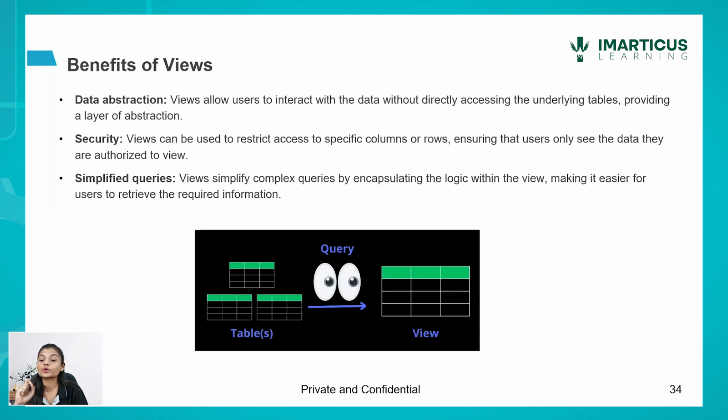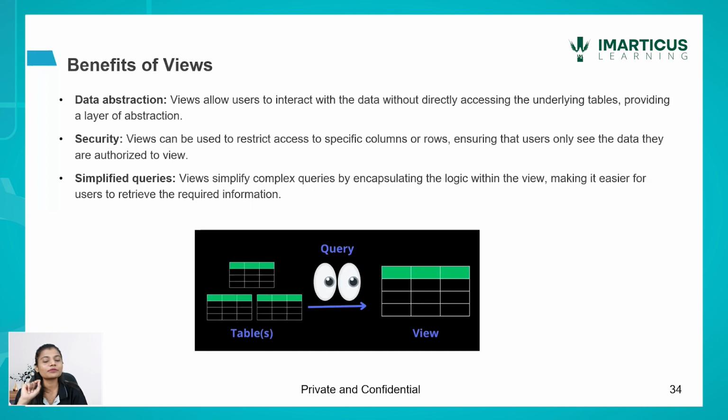So views allow you to interact with the data without directly accessing the underlying tables. It will not take the base table directly. It will just help me get the query-related information from the main table, providing a layer of abstraction, or I can call it a layer of security, or control over the amount of content to be shown in my outcome.